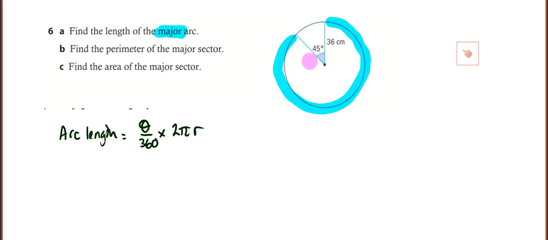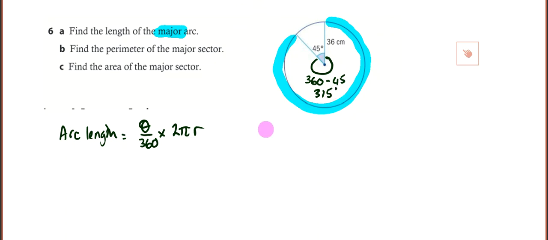But actually, when we do this major arc, we need the angle that relates to the major arc, which is 360 minus the 45, which is 315.